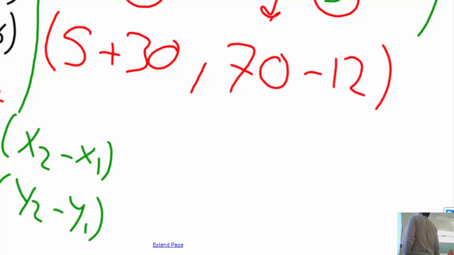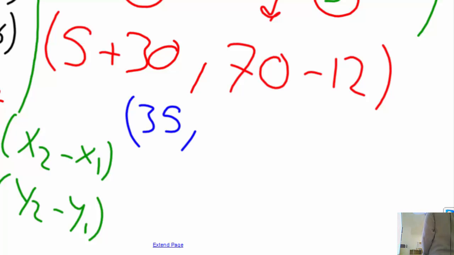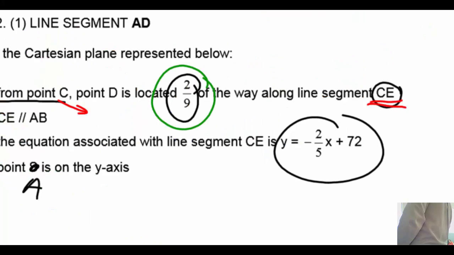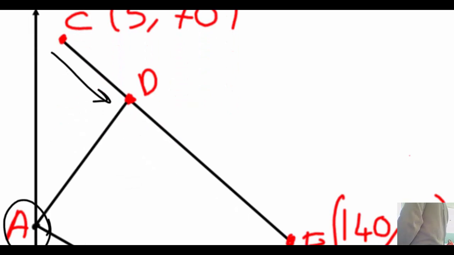Almost done here. So let's change the color. Open bracket. 5 plus 30 is 35, comma, 70 minus 12 is 58. So this is my point of division, 35, 58, goes right here.